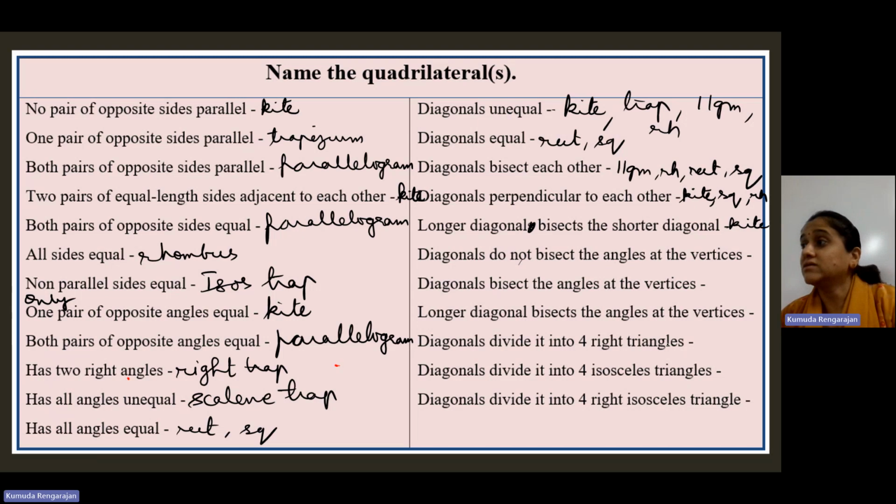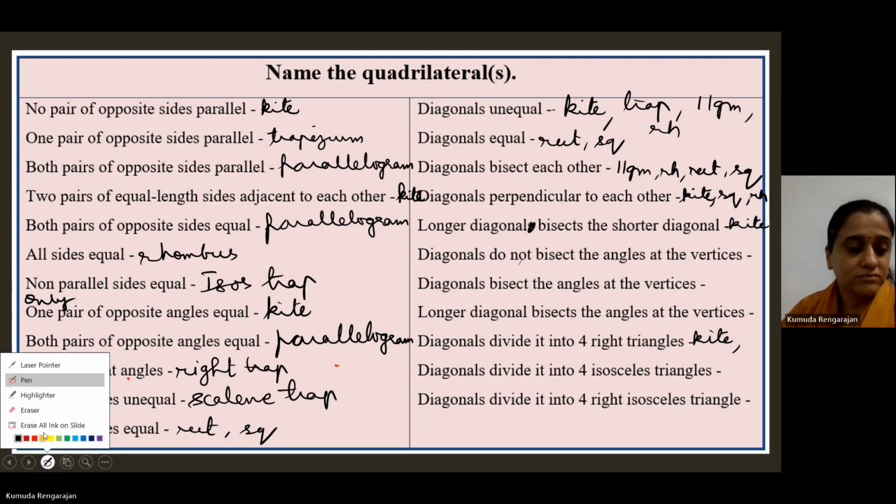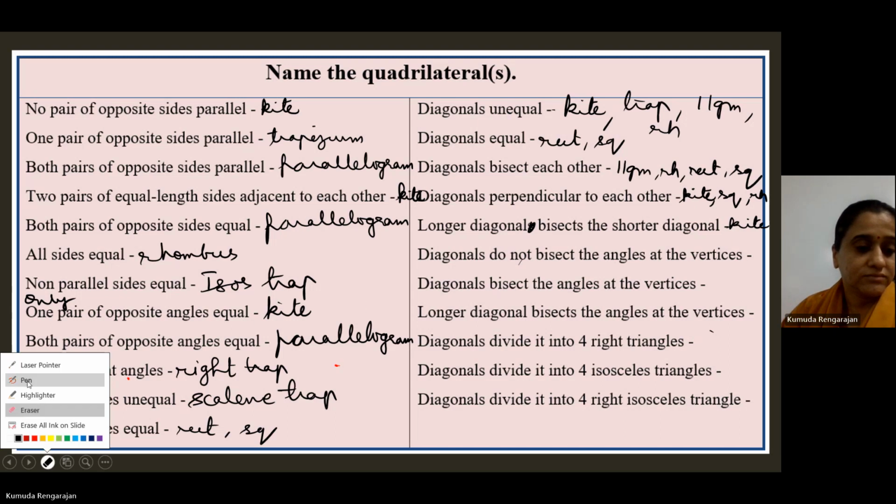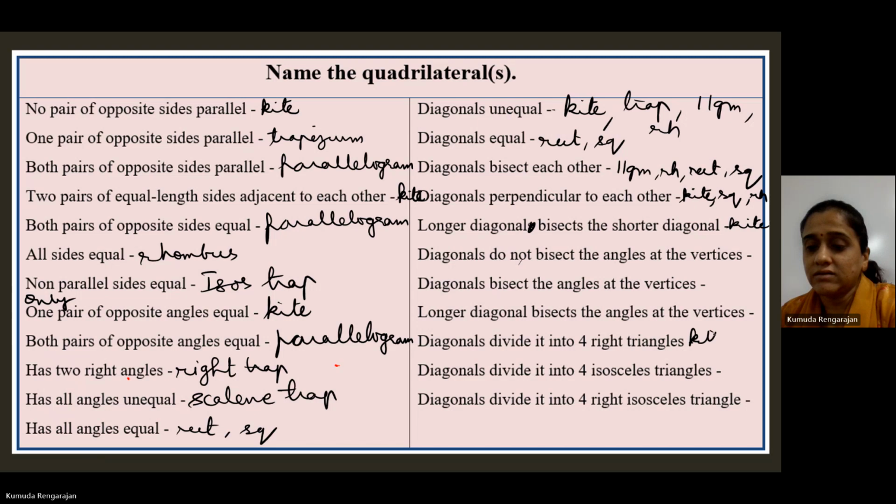Diagonals divide into 4 right triangles: kite, rhombus, and square.